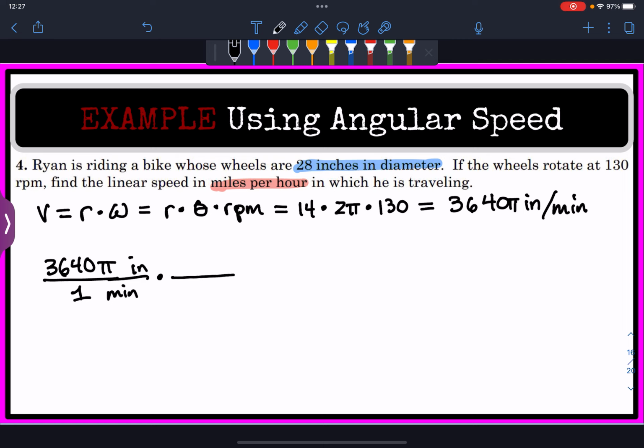So let's convert this. We want to first convert the inches into miles. Well, first, let's do inches. 12 inches make 1 foot.